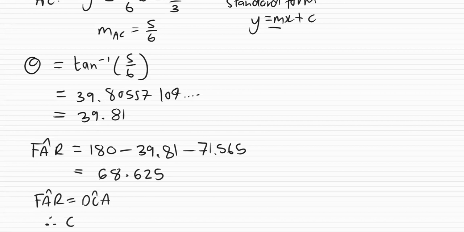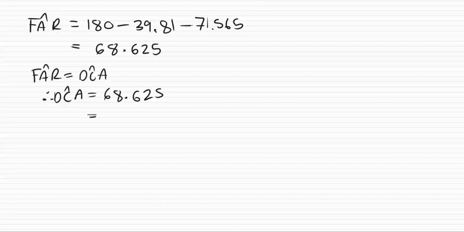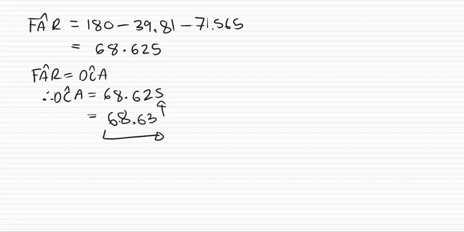Therefore, DCA is equal to 68.625. Round to 2 decimal points. The mark scheme has this as 68.62. I get 68.63, rounding up because the 5 goes up. But maybe because of some decimal points, in order to stay with the mark scheme, I would just put it as 68.62 to continue with this question.